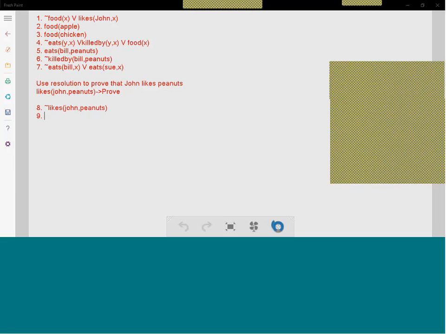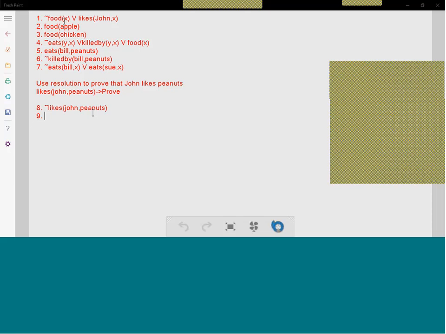Now you can see the first sentence: negate food X or likes John X. Inside this first sentence you can find that X is there, but in the 8th sentence you can find that peanuts is there. Understand carefully, we have to replace X with peanuts. This is called unification.